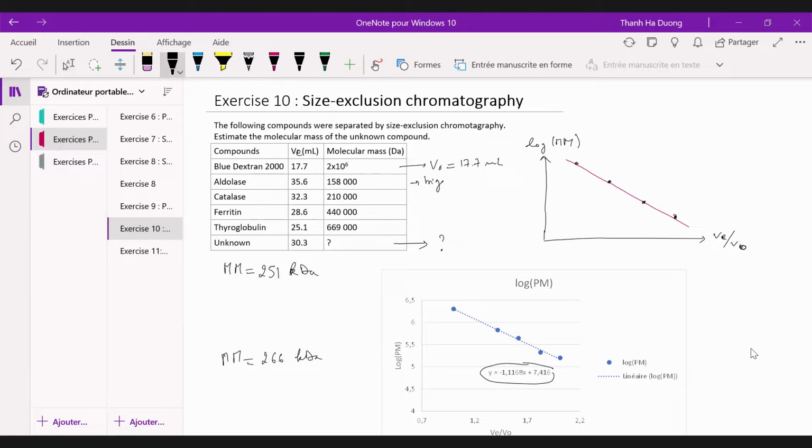Bigger protein goes first, and the smaller elutes slower. Slower elution, okay?